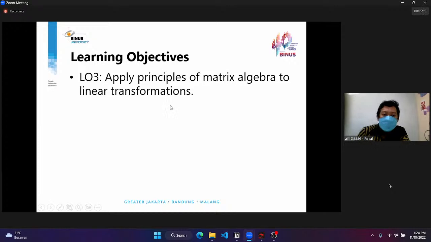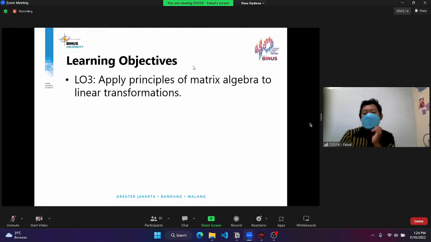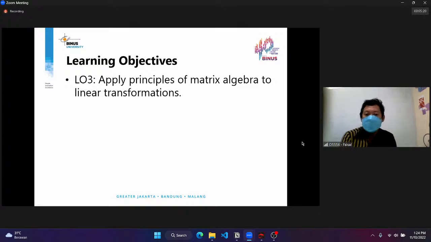So, many geometric transformations in two-dimensional and three-dimensional space can be done using algebraic formulas.